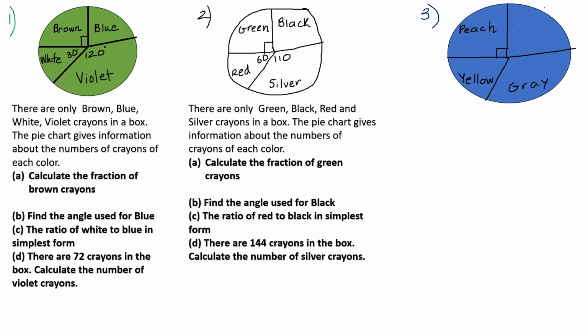What number are you on? 1C. Okay. Darnik, what number are you on? 1B. 1D or 1B? B. Okay.